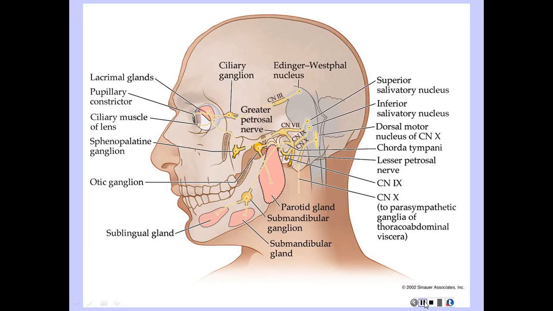So, here are our Edinger-Westphal nucleus neurons, our preganglionic parasympathetic neurons. They travel in the third cranial nerve. They innervate other neurons in the ciliary ganglion. And it's these neurons that then innervate the pupillary constrictors.